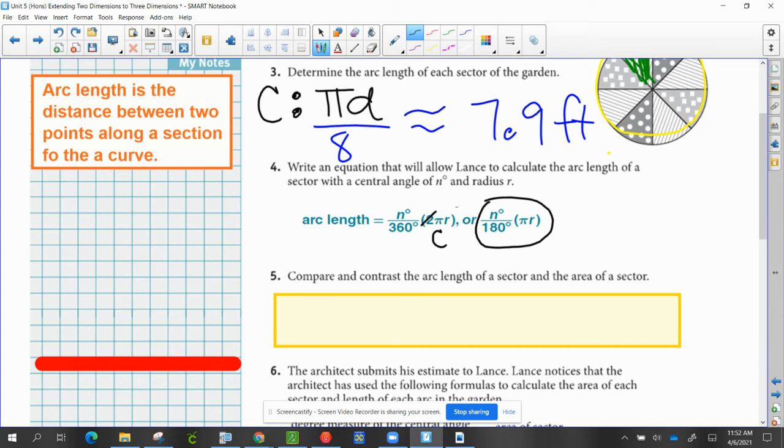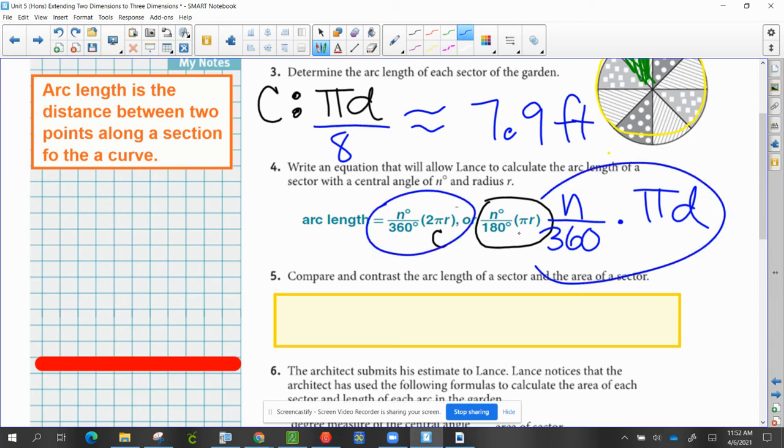They're taking the 2 and simplifying it with 360. That's why it's just 1 pi over 180. Honestly, it doesn't matter how you find the arc length. Just pick a formula you like best. And again, you could always do n over 360 times pi times diameter as well. That's another formula that you can use. So you have 3 different options here for a formula of an arc length.